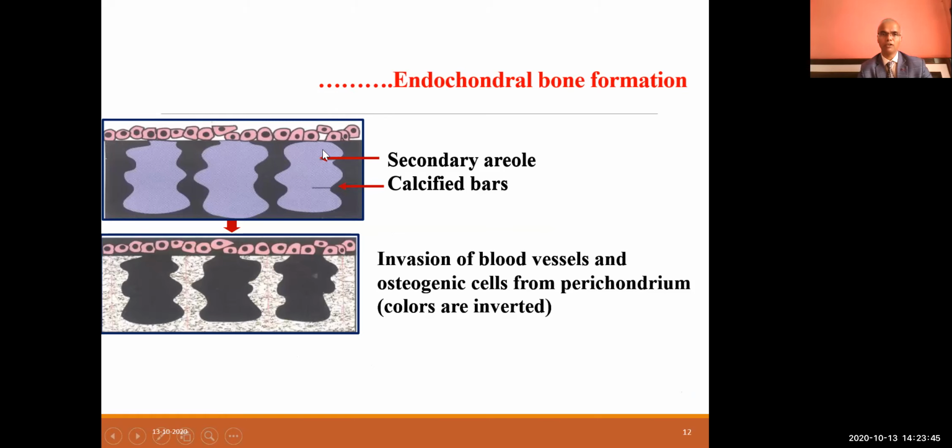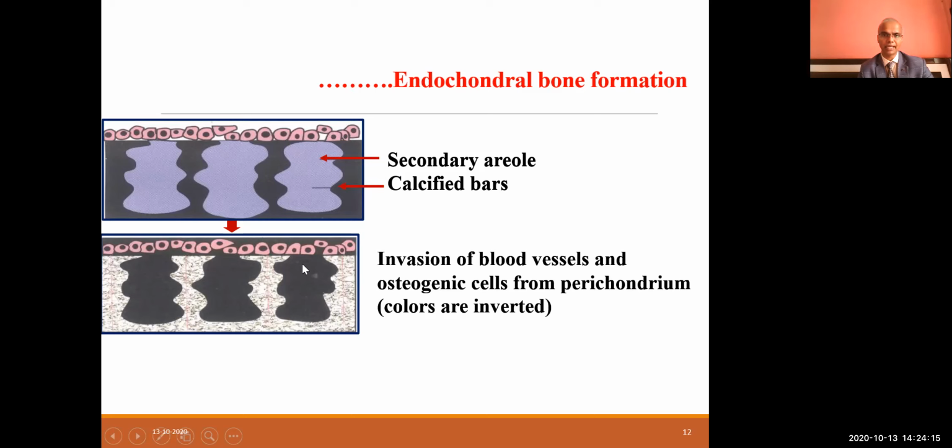It occurs by the fusion of primary areolae after eating of the intercellular matrix by the periosteal buds. These are the calcified bars. This is the invasion of blood vessels and osteogenic cells from the perichondrium; these colors are inverted.